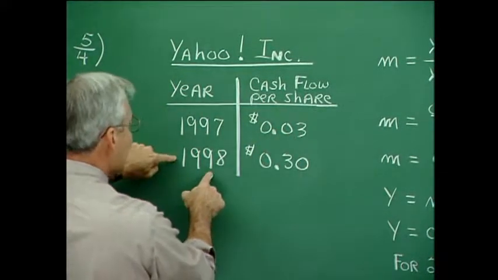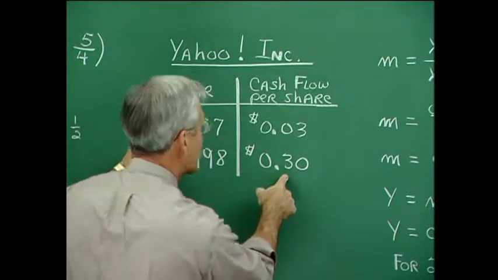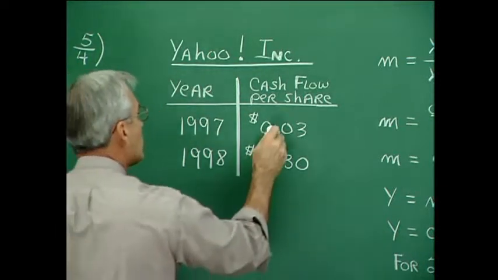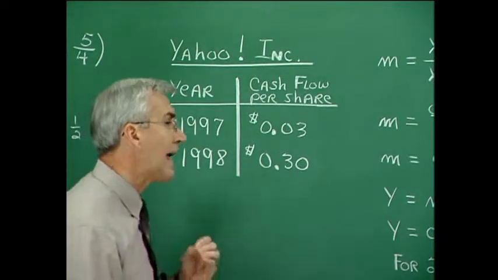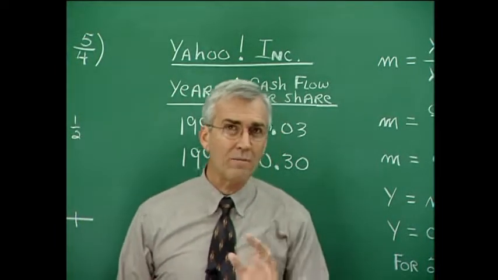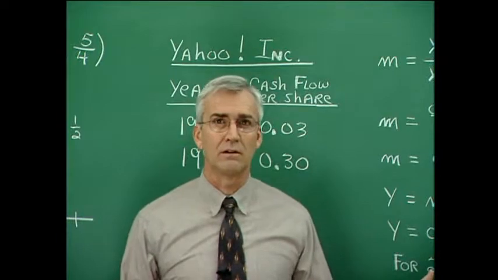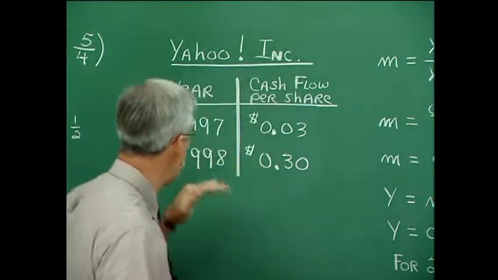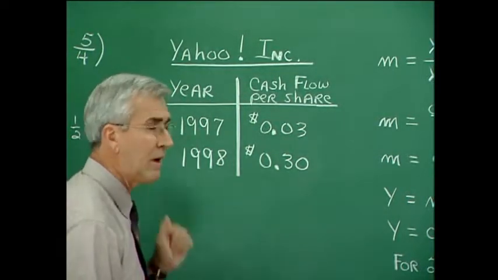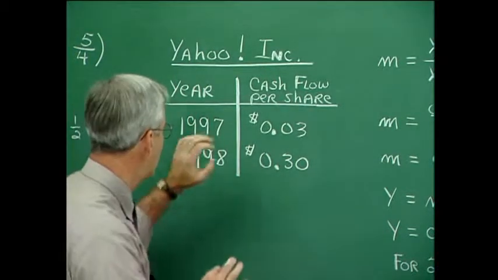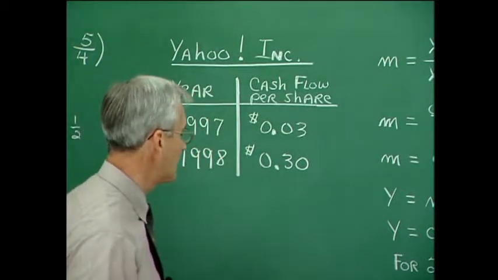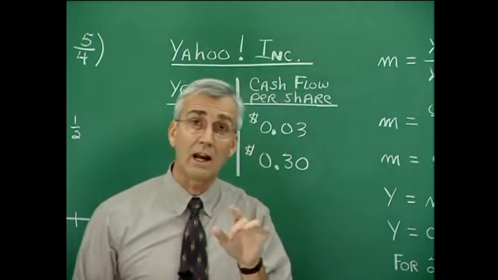In 1998, it was 30 cents per share. Suppose we want to use this information to generate a prediction about what may happen in some future year or some year other than these 2 years. It might be a previous year. It might just be outside the bounds of this information. Well, we can do that like this.